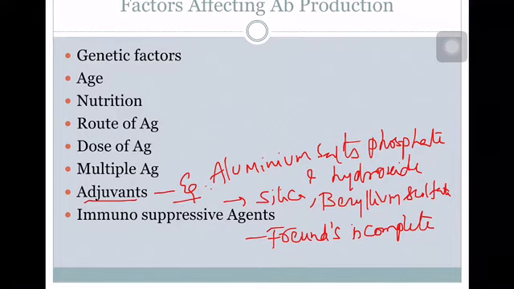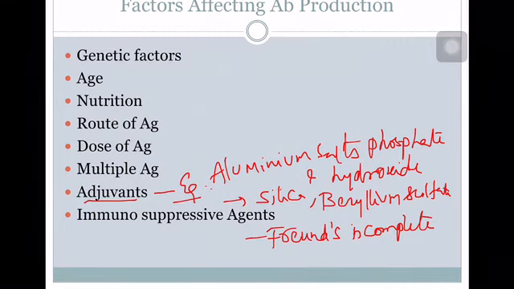Freund's incomplete adjuvant is where the protein antigens are incorporated in the water phase of a water-in-oil emulsion. Here the protein antigens are placed in the aqueous phase, that is, the water phase of water-in-oil emulsions.